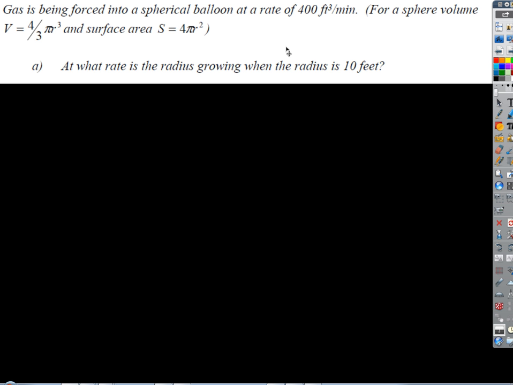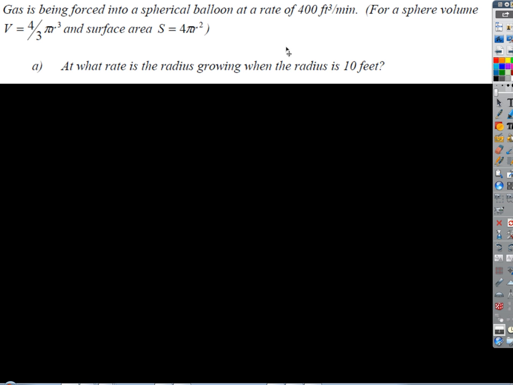What information are we given about this situation? They tell us how volume is related to radius. We probably already knew that. But they tell us some other stuff. They tell us that we want to know what dr dt is when the radius is 10 feet. So what's that telling us? It's giving us a value of what variable? Of r.